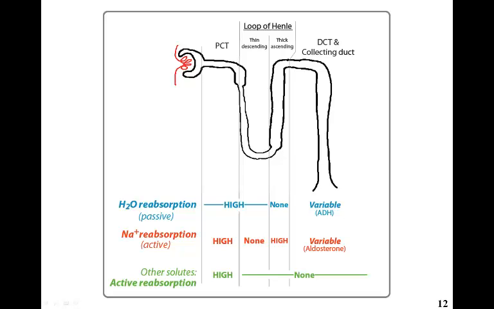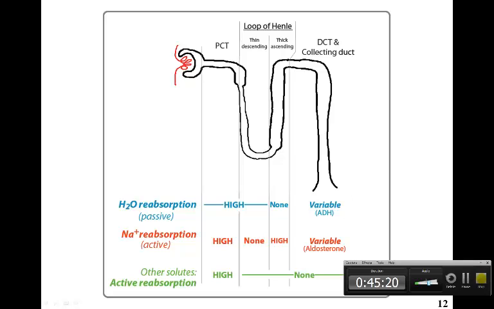They're not permeable to water, so you get no water reabsorption, but you get lots of sodium being pumped out. And then finally, the DCT and collecting duct can reabsorb water and or sodium, but that reabsorption is variable and under the control of hormones. Okay, so that'll do it for this part, and then we'll do part 2.